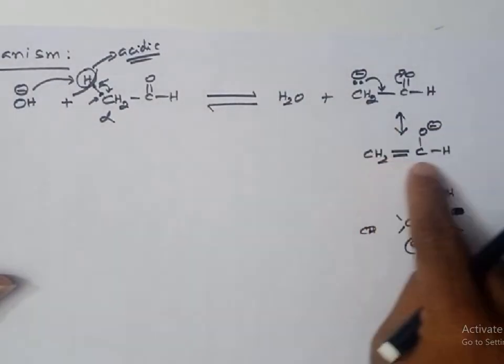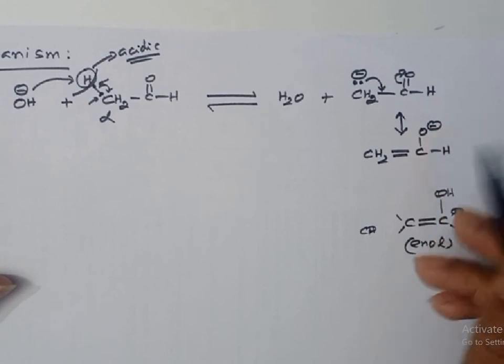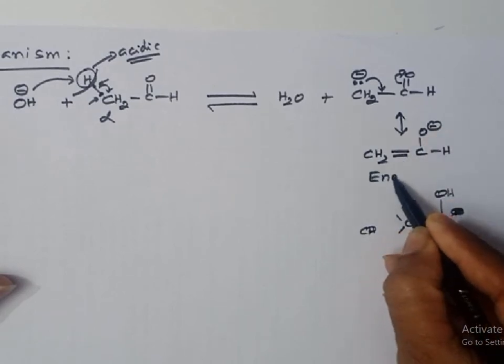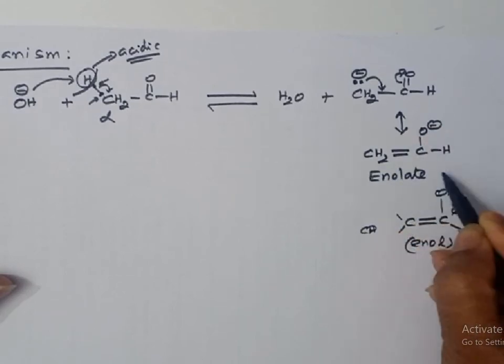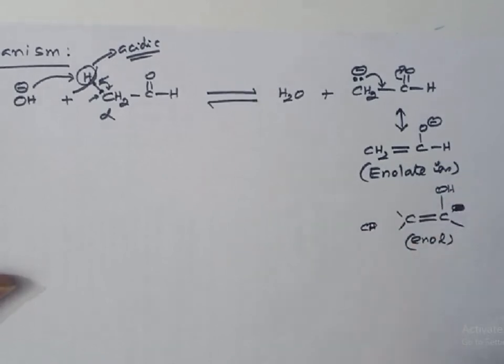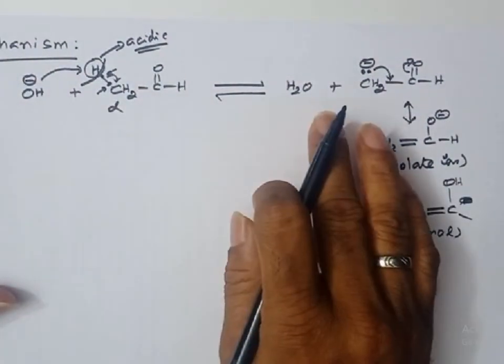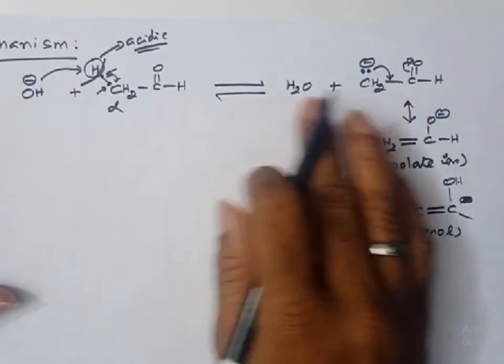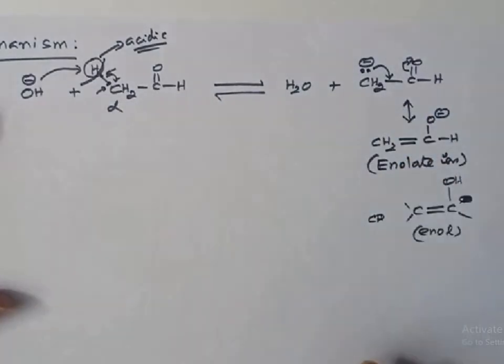Here we have an enol, but the H plus is removed, so it is called an enolate ion. Take down. In the aldol reaction mechanism, you will get an enolate ion.